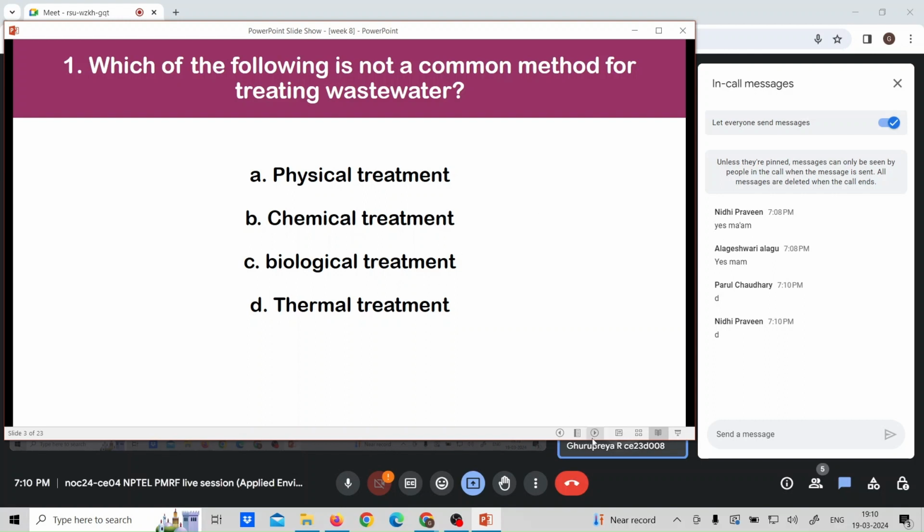So the answer is D. Can you just name some physical treatment methods that are used for wastewater treatment? Sedimentation, filtration.